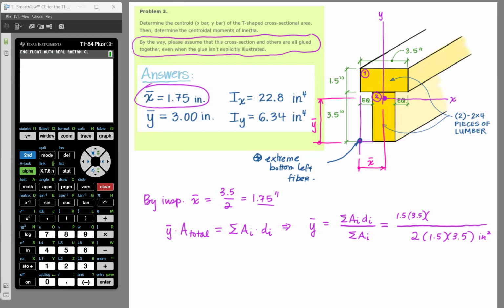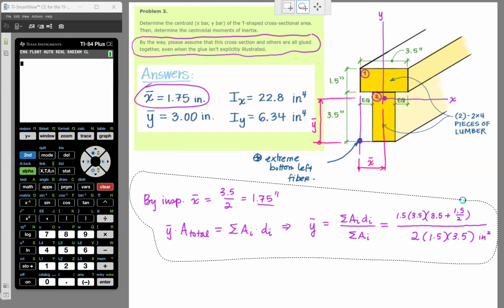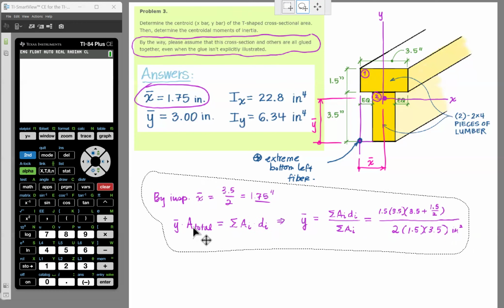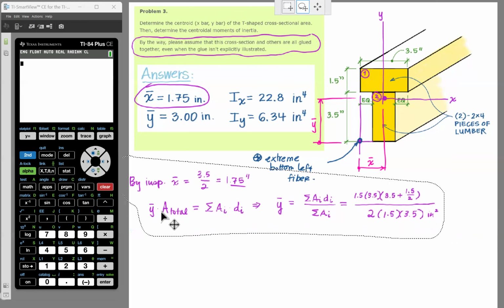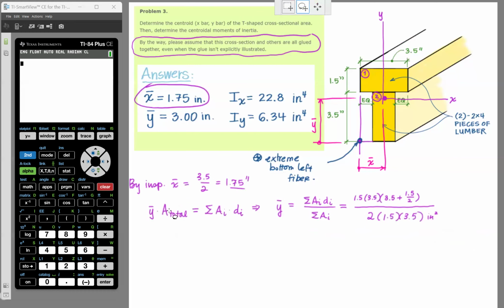So I'm going to write that out as 3.5 plus 1.5 divided by 2. All right, let me make myself just a bit more room here. Make this a little smaller and move it over. Okay, that should work. And continue in my numerator.